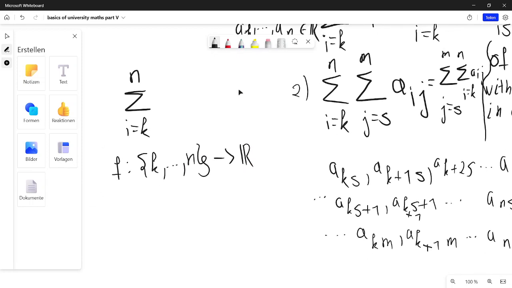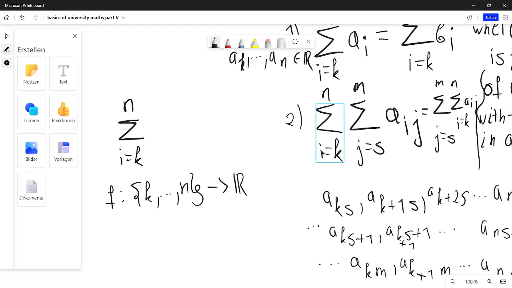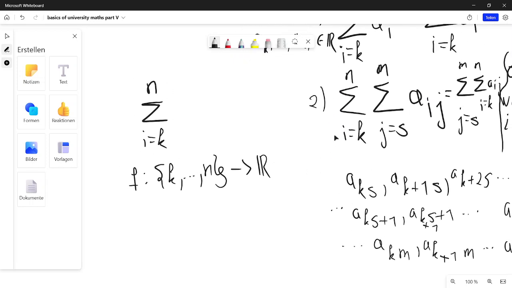But now we look at this function and we see what it does, while looking at what the running index is, that is, what index actually comes into the sum. And here the index is of course I. We see this index I, that is the running index, the index that runs. And for each such I, we have to go through this now.